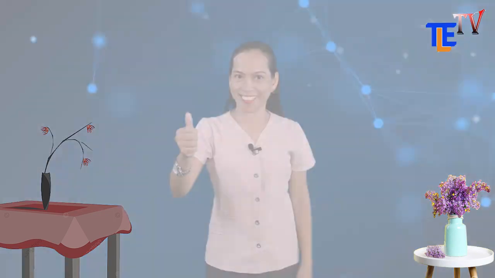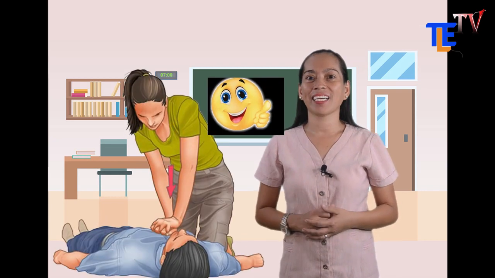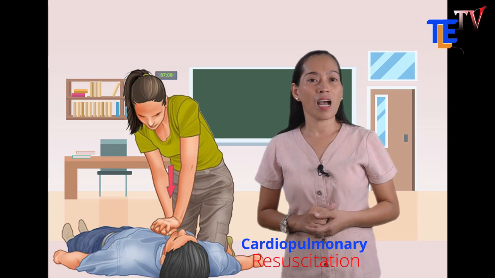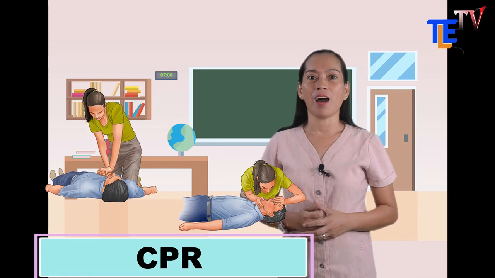Before we start our lesson, let's try to find out how much you know about first aid. You're going to identify the pictures that will be flashed on screen using the given clue words. Are you ready? Okay, let's start. Here's our first picture. What do you think it is? Correct! This picture shows cardiopulmonary resuscitation or CPR.